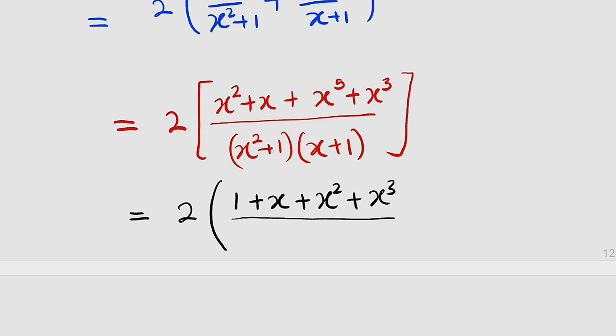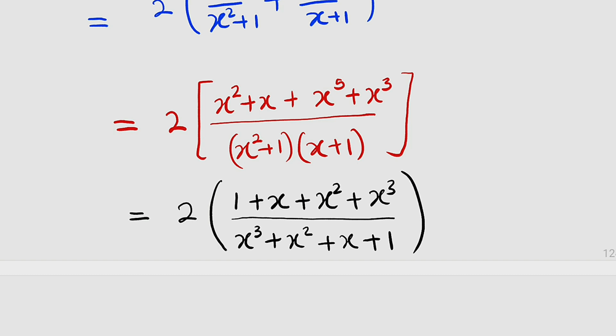Divided by x times x will give us x to the power of 3. Then x squared times 1 is going to give us x squared. Then 1 times x will give us x. Then lastly, 1 times 1 will give us 1.